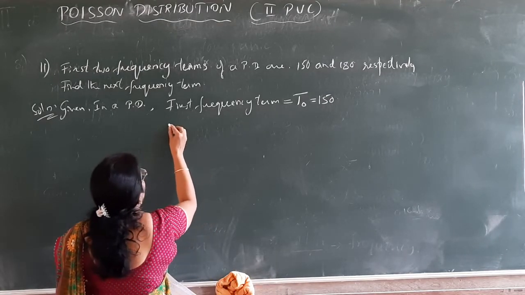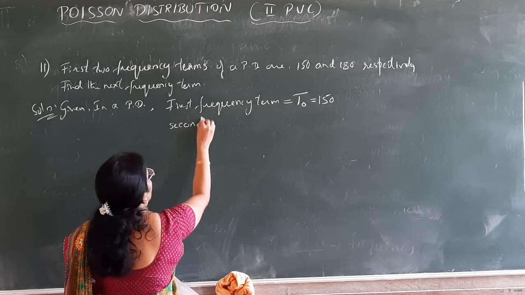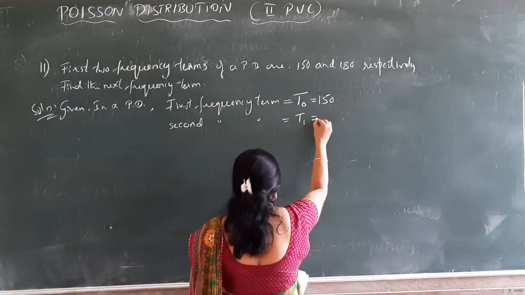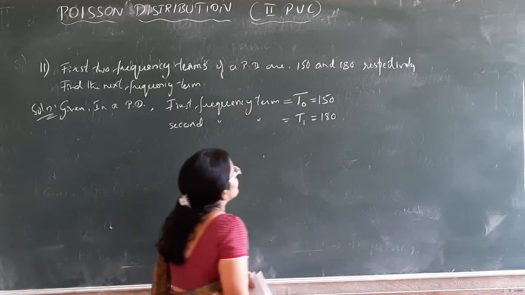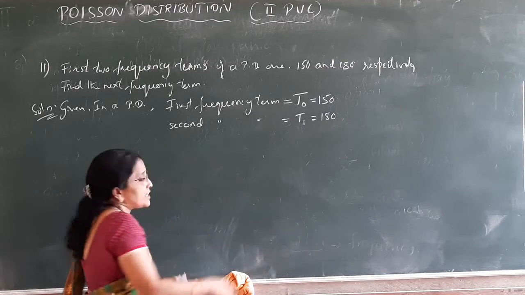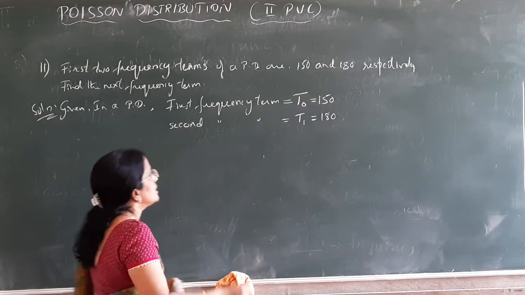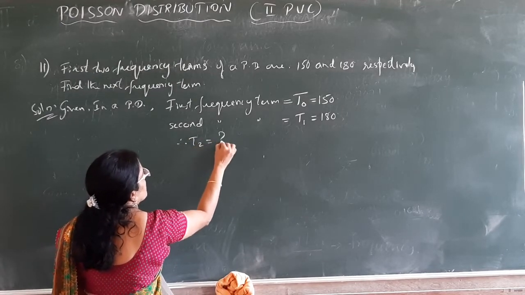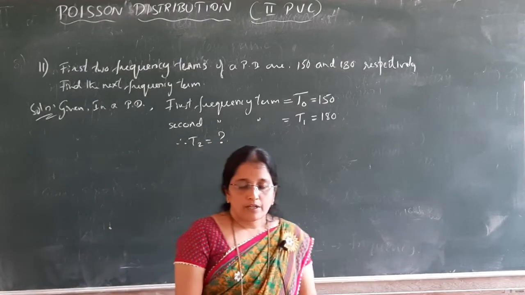Next, similarly, second one. First two means first and second. Second frequency term is T1 is equal to 180. And it is asked, find the next frequency term. Next frequency term means a third frequency term. So, what is T2? We have to find the value of T2.